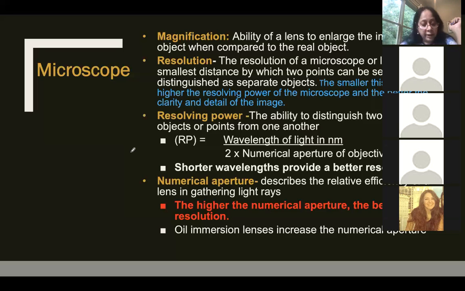Each and everything is interrelated, and you have to find out how it is connected. How is that interference connected with this chapter, why are we studying interference and the properties of light?